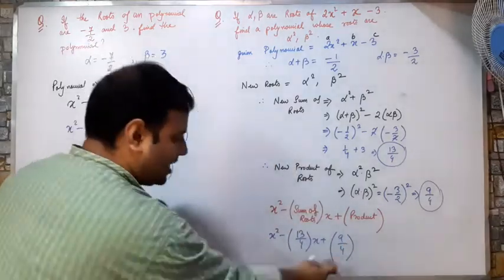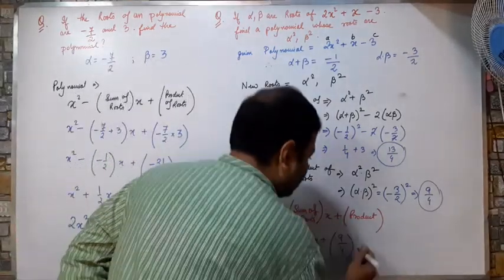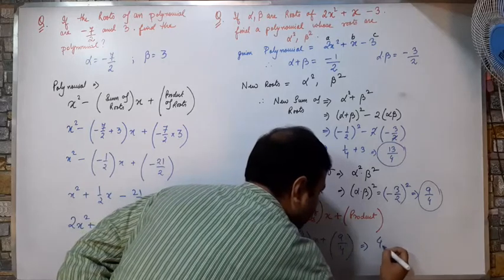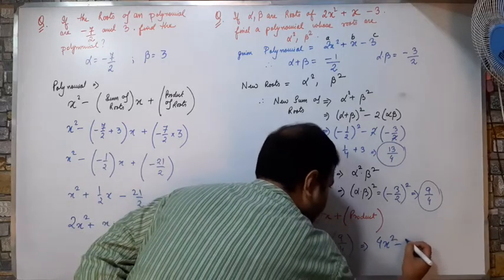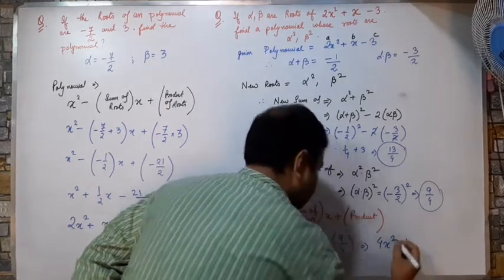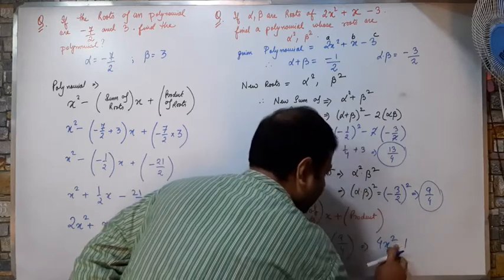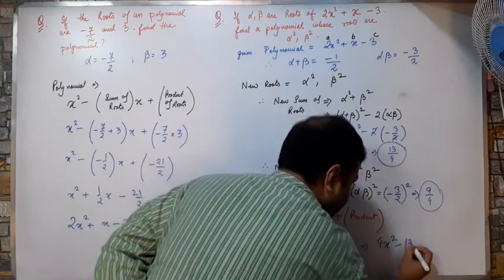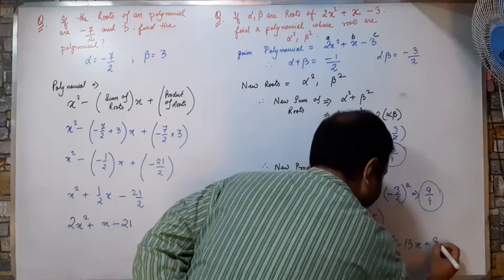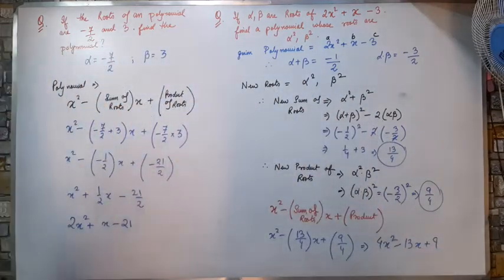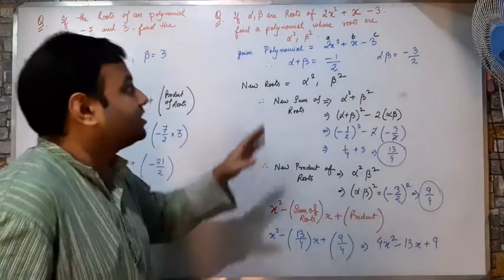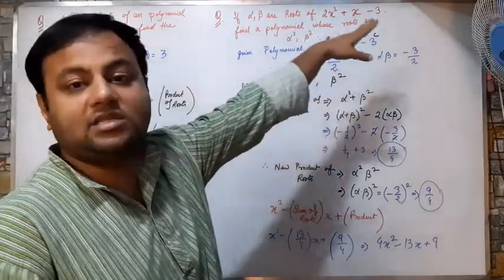Got it. So again I will take the LCM. What will we get? I will get the final answer as 4x square plus, sorry not plus, minus, because here negative is there, right, minus 13x plus 9. 4x square minus 13x plus 9. Right? So my given equation was 2x square plus x minus 3.